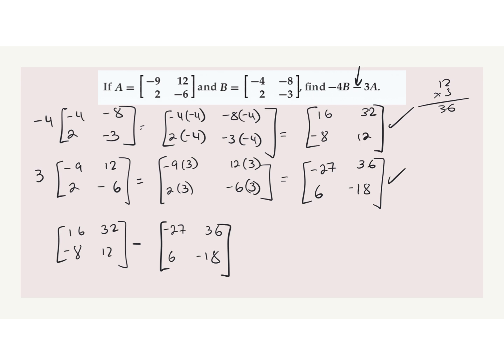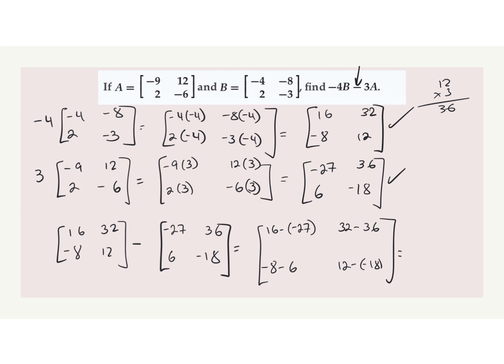It's going to be negative 4B first, so that's what I wrote down, minus 3A, which is what I wrote down. So let's figure out how it's going to be. It's going to be 16 minus negative 27, 32 minus 36, negative 8 minus 6, and 12 minus negative 18.